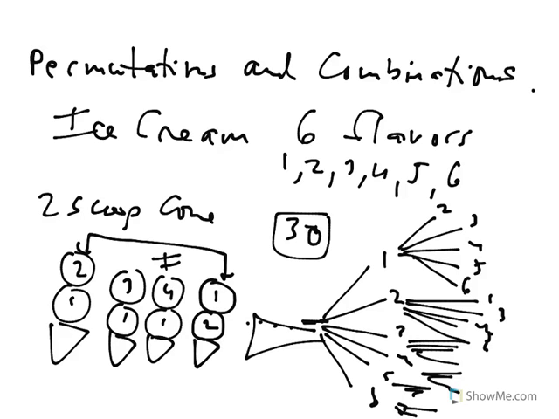This is like a sideways tree. Mathematically, I can calculate it very fast as just 6 times 5 equals 30. 6 different flavors for the bottom scoop, 5 different flavors for the top scoop. Multiply them together, because any of the 6 on the bottom could be matched up with any of the 5 on top, which gives me 30.